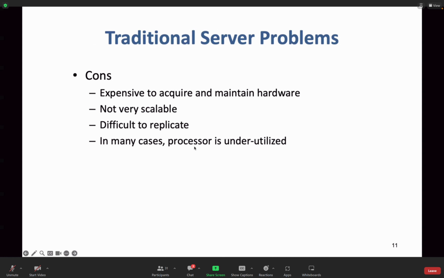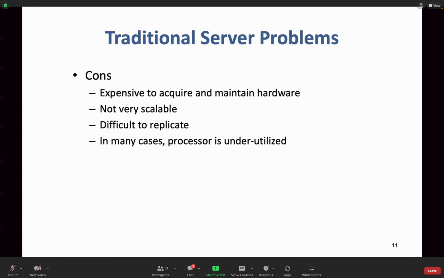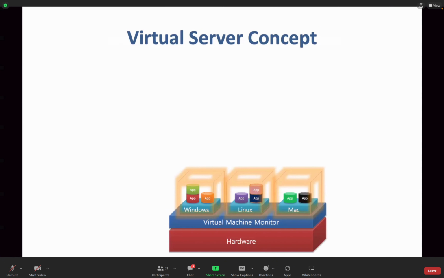Also, processors are often underutilized. When one physical server is running one application, with the advances of CPUs, it is not always highly utilized. What we want is for the system to be highly utilized, but not too much, with automatic load balancing.